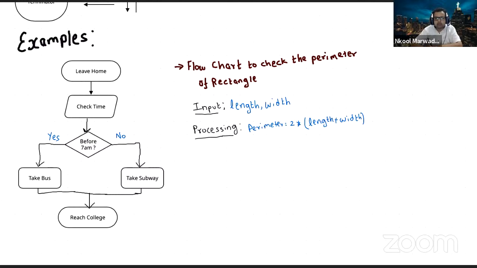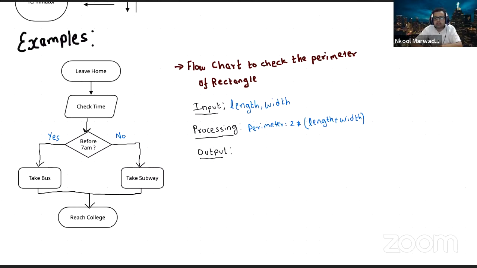Then we will get the output. Output will be the perimeter.